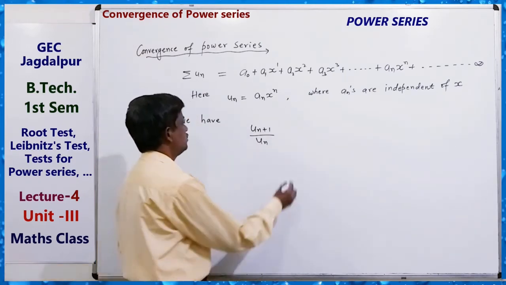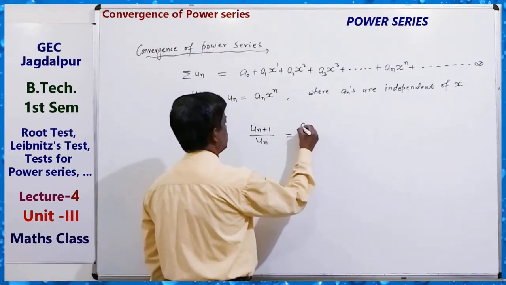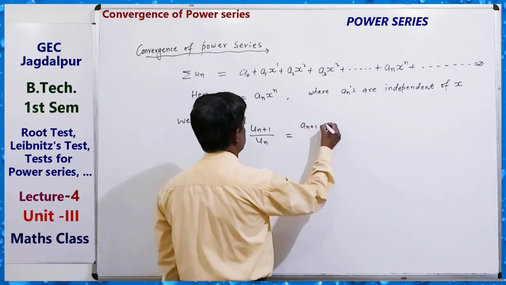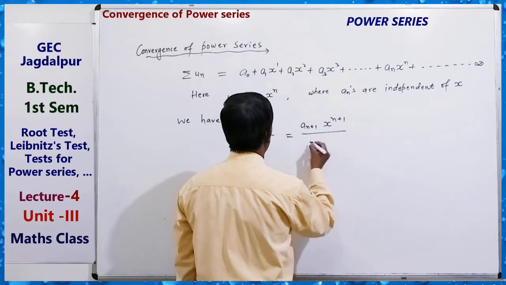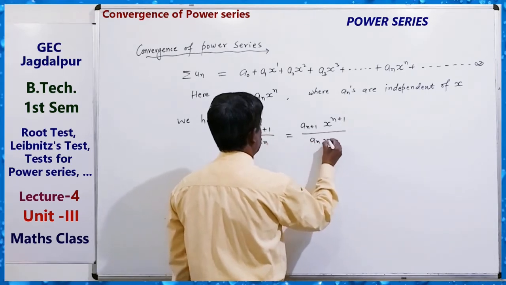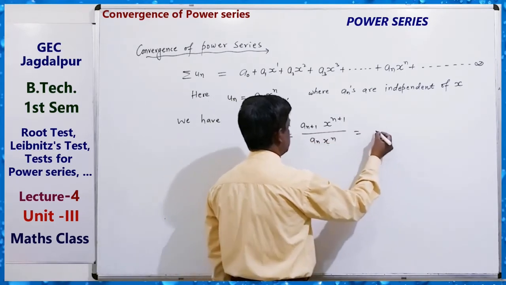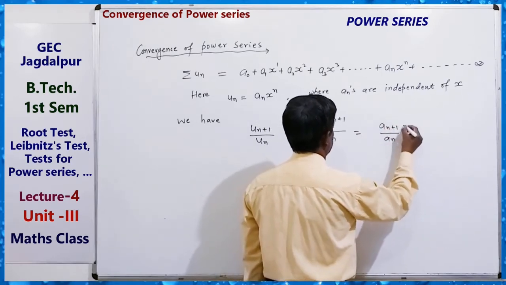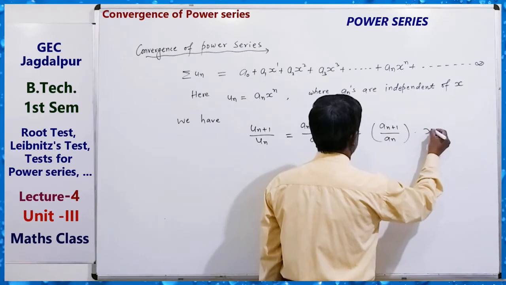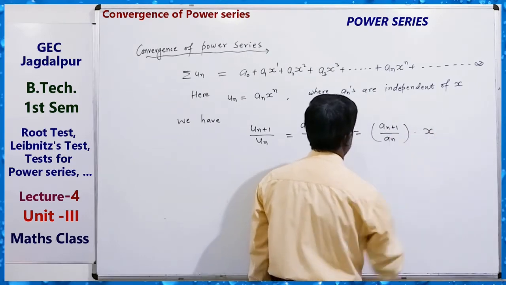This is equals to an plus 1 x to the power n plus 1 upon an x to the power n, which is equals to an plus 1 upon an into x to the power 1.